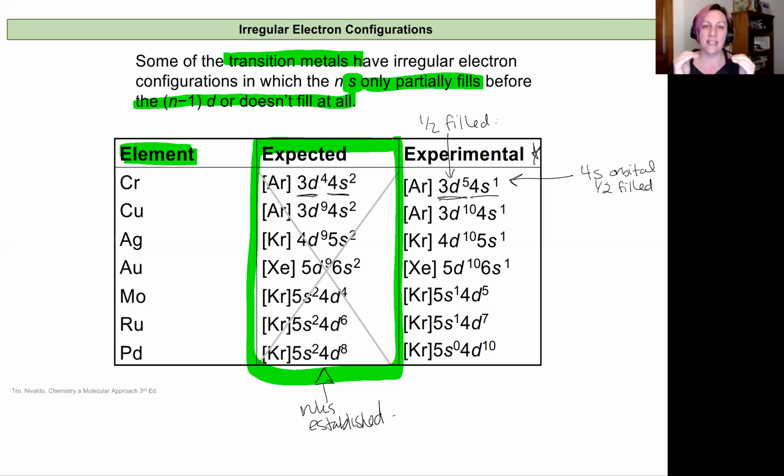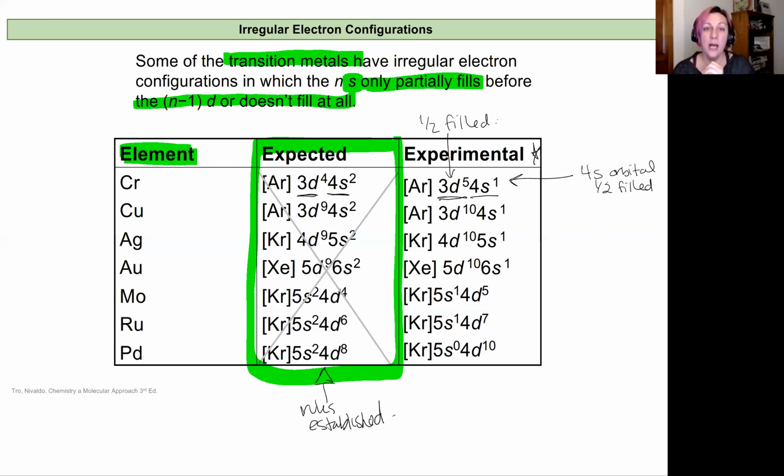So there's actually a stabilizing effect of having the orbitals half filled. And when they're all half filled, it lowers the energy a little bit. There's a stabilizing effect when they're all filled as well. And so whenever you completely fill a set of orbitals at the same energy, or you half fill them, we actually see a little drop in the energy.